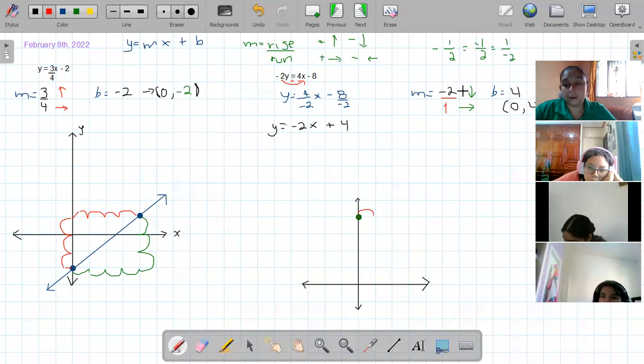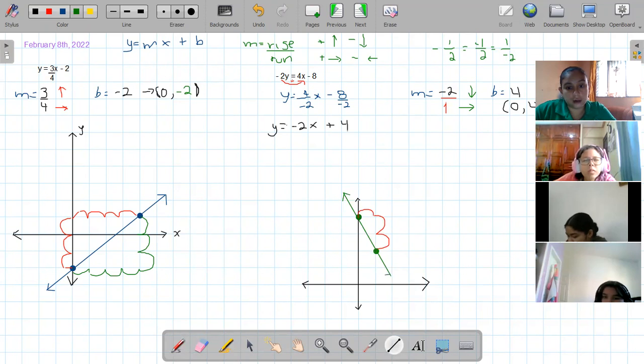And my rise is -2, so I go 2 down. So 1, 2. And exactly there is where I'm going to place my second point. I'm going to graph it, passing a straight line through the middle of the points. And I don't forget to draw my arrowheads on my line.